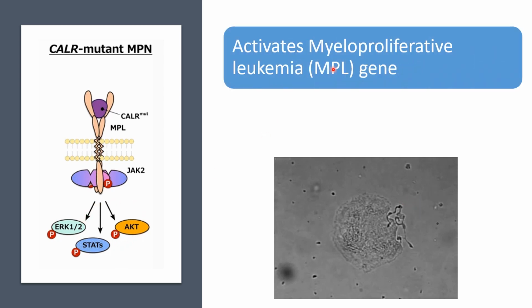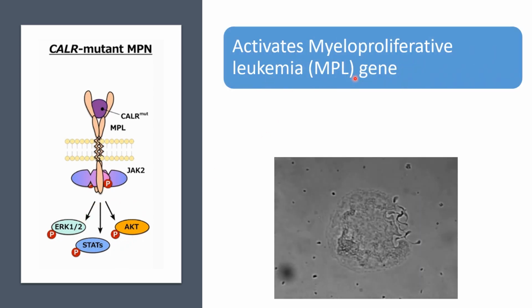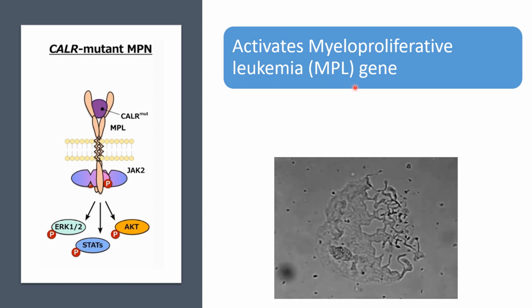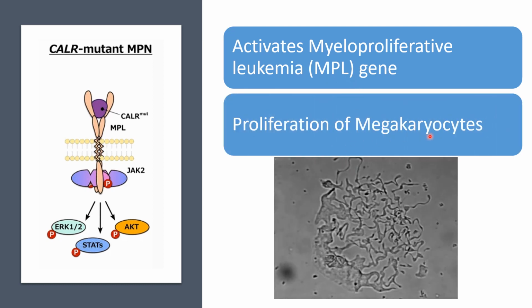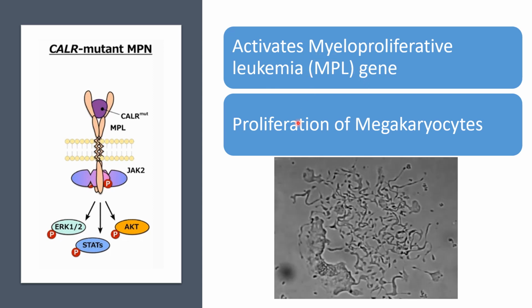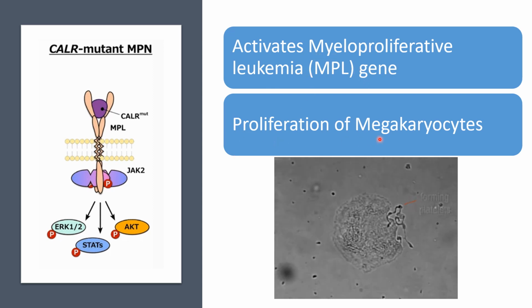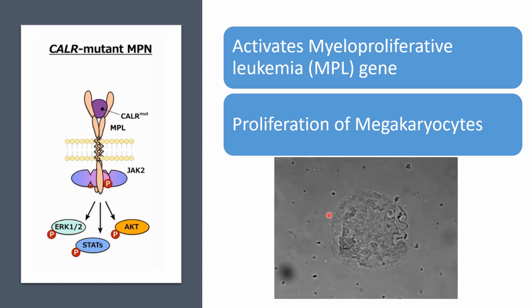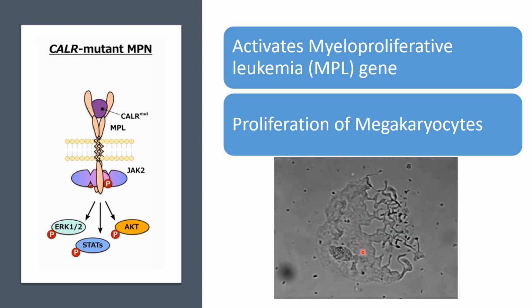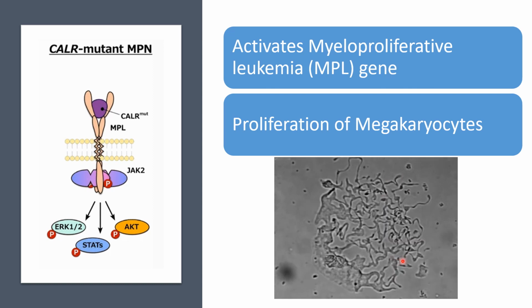MPL is the Myeloproliferative Leukemia gene, which provides the instructions for making megakaryocytes. This would increase the proliferation of megakaryocytes, also increasing the number of platelets since one megakaryocyte can produce numerous platelets.